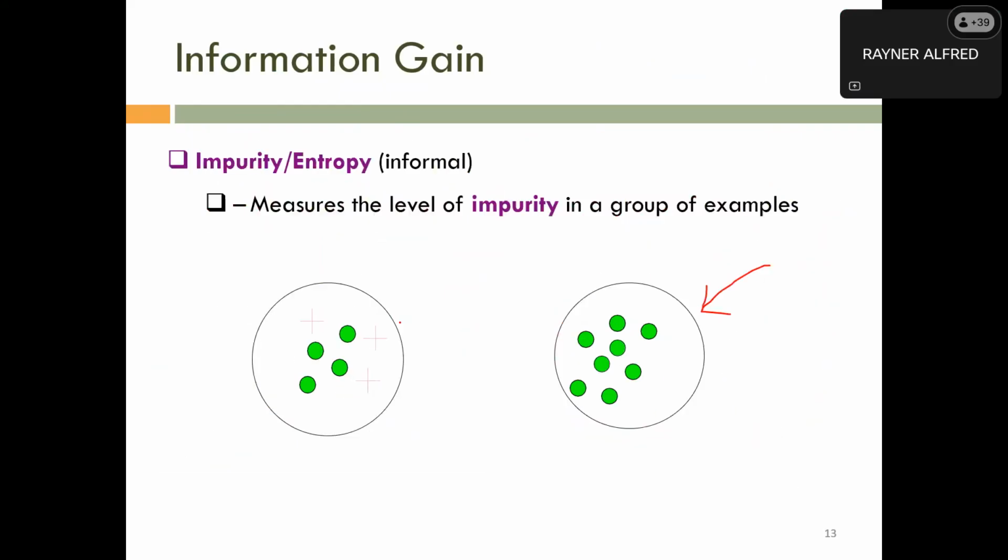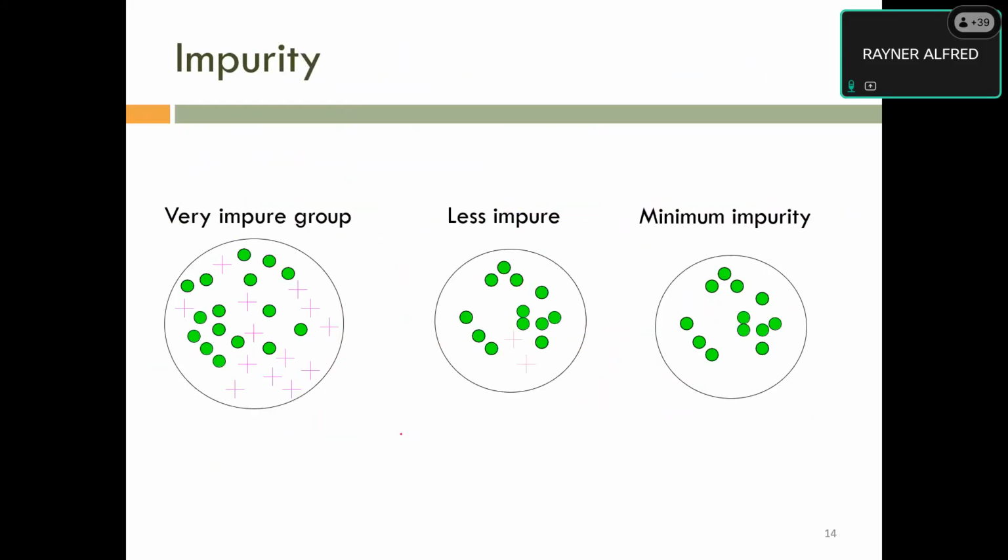This one is pure. This one is a mix of the plus and the circle, so it is very impure, which means your entropy is high. This one has the lowest entropy, which is 0.